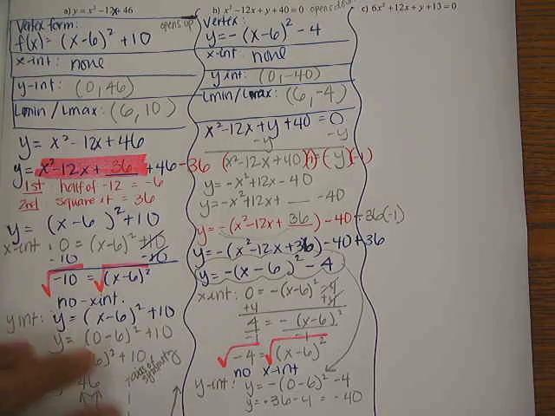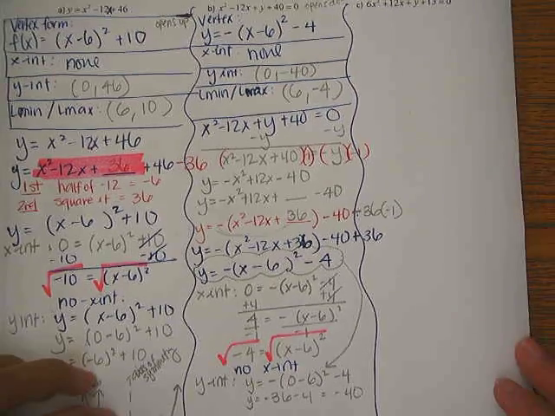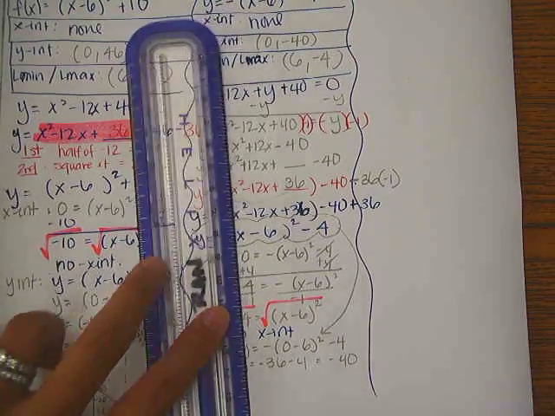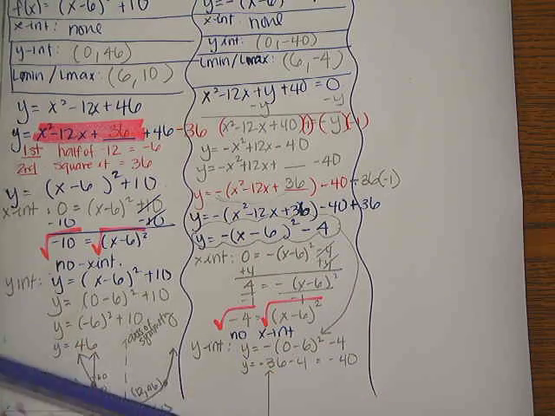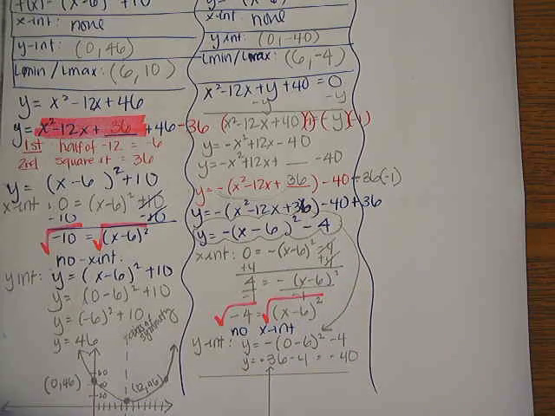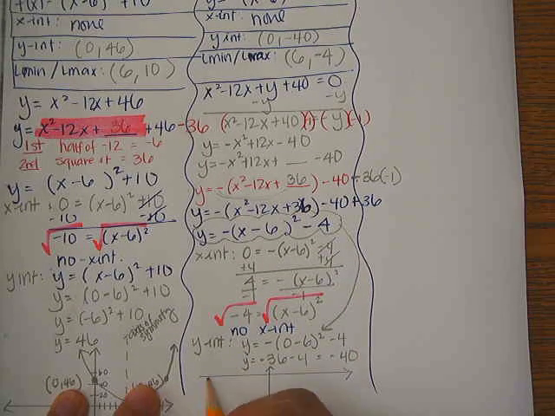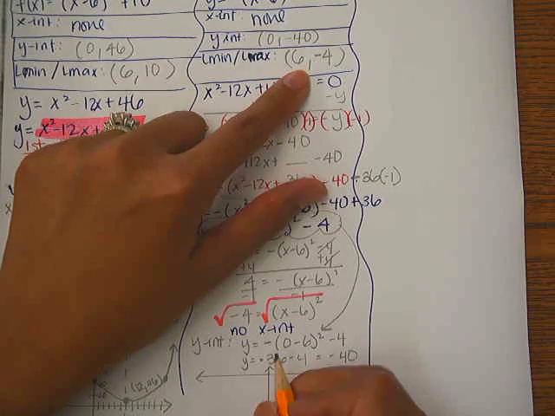Now, it looks like my y values are mostly negatives, so let's draw a coordinate plane of mostly negative values on the y. Okay, vertex, I have 6 comma negative 4, so here we go.